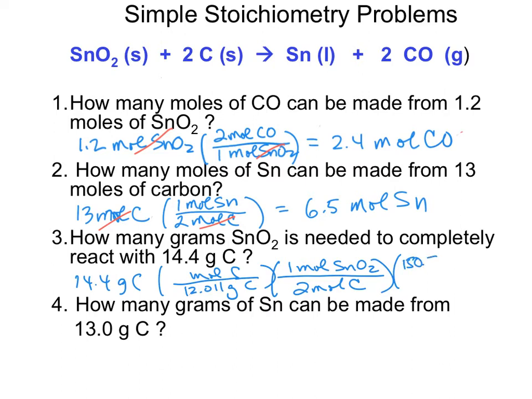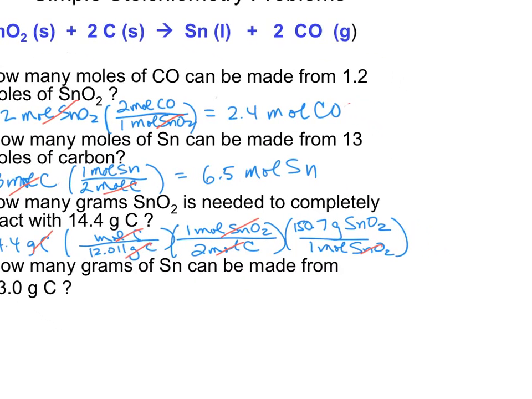It's 150.7 grams tin(IV) oxide for every 1 mole tin(IV) oxide. So if we did it right, grams carbon cancel, moles carbon cancel, moles tin(IV) oxide cancel, and then we're going to end up with our answer, which is 90.3 grams of tin(IV) oxide.